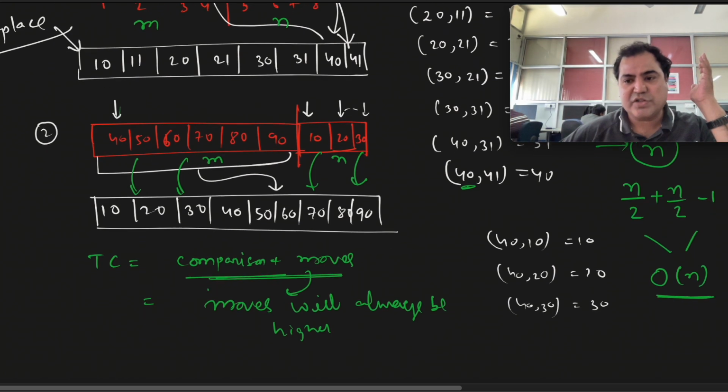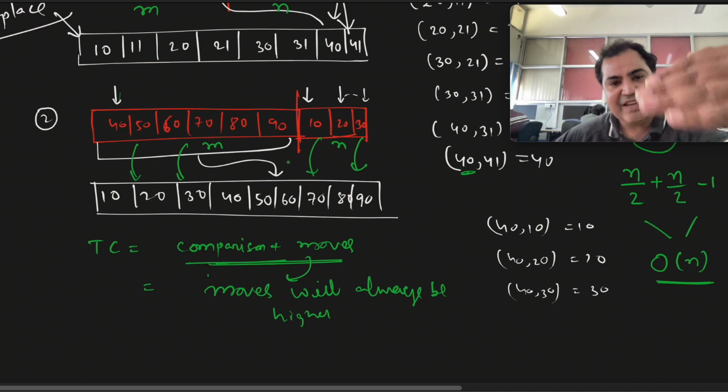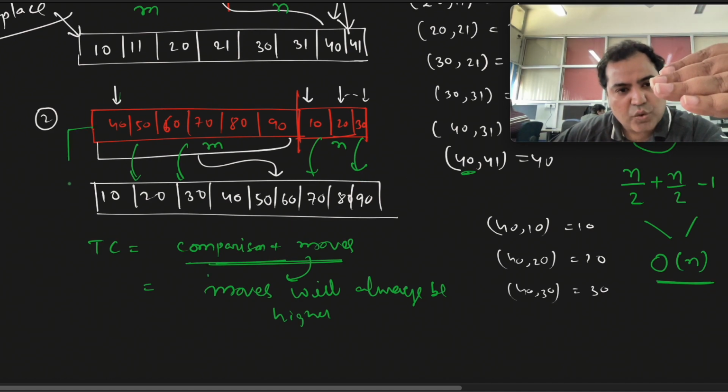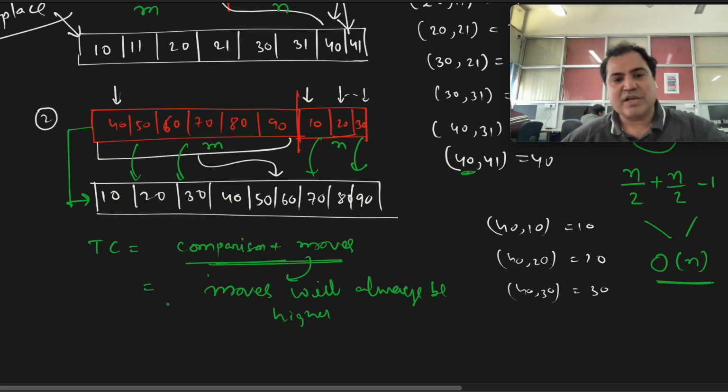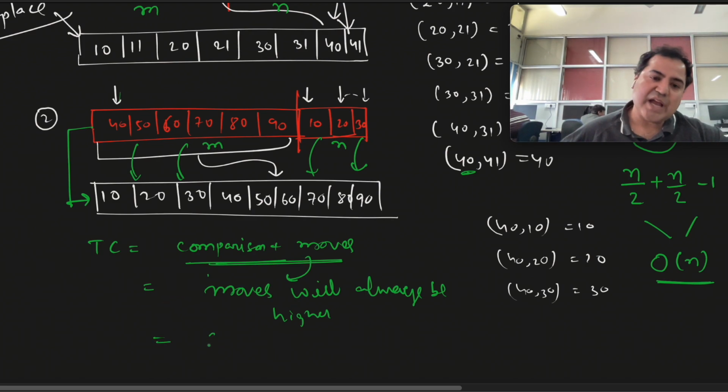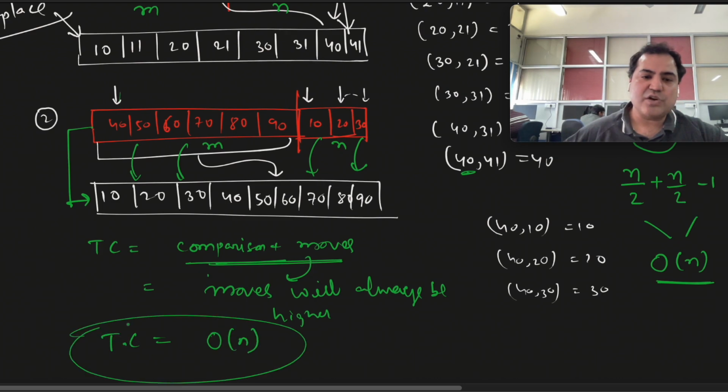Why am I focusing on number of moves? Because anyway you have to copy this whole array to the next out-of-place array only, right? So the number of moves will always be higher. That's how it takes overall time complexity as order of n.